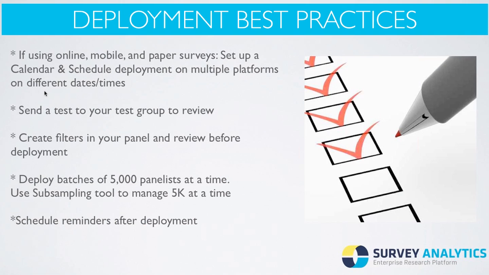Next thing is to deploy batches of 5,000 panelists at a time. And also make sure to use the subsampling tool to manage 5K at a time. We recommend breaking it down to a very low number of 5,000 because there could be some issues if you have a panel of over 500,000 people. You may not want to send it all out all at once.